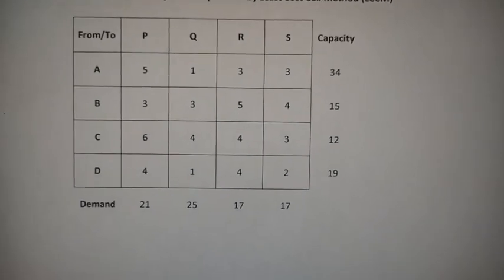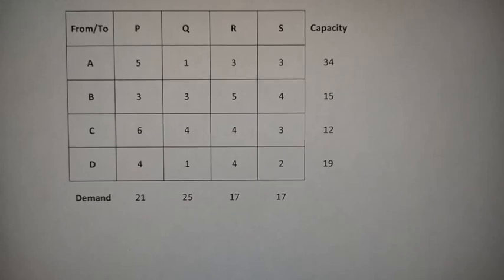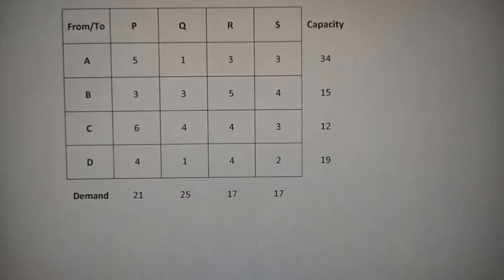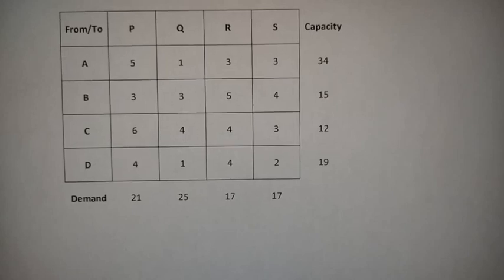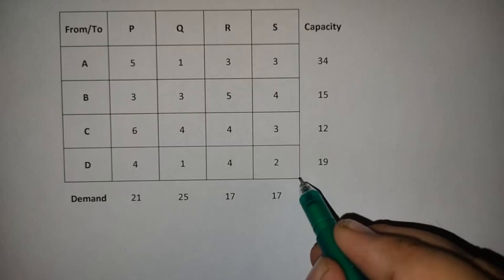So for this model also, if we want to go for solution, first of all we need to check whether this problem is balanced or not. So now let us check whether this problem is a balanced or unbalanced problem.